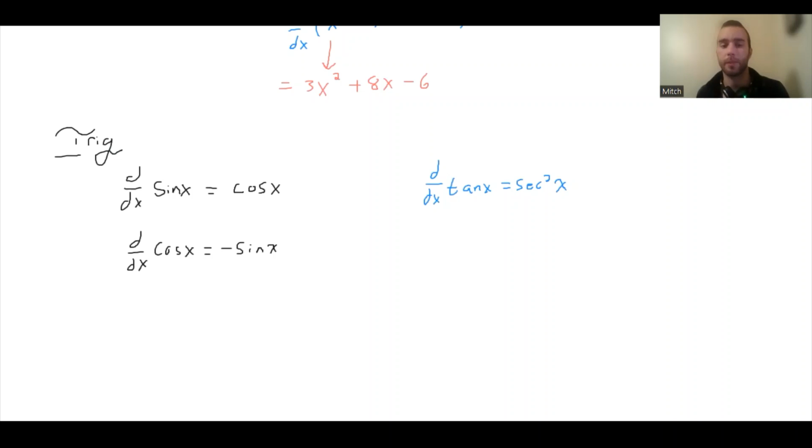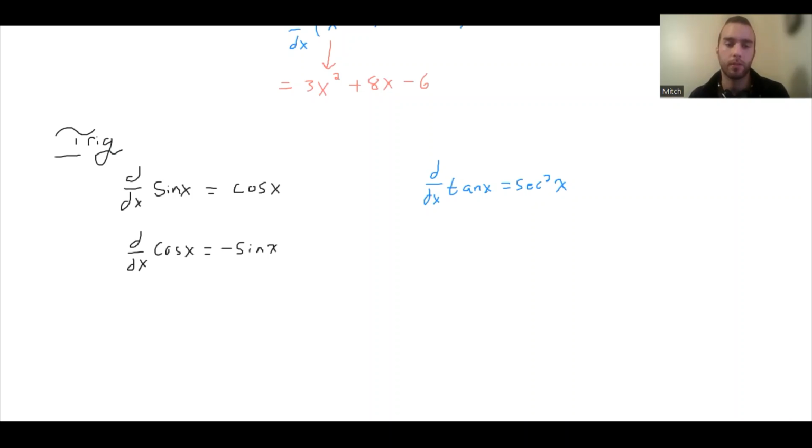In the next video, we're going to be talking about the quotient rule and product rules and things like that. So you can always just rederive. If you don't remember that the derivative of secant is tan secant, and the derivative of tan is secant squared, that's fine.